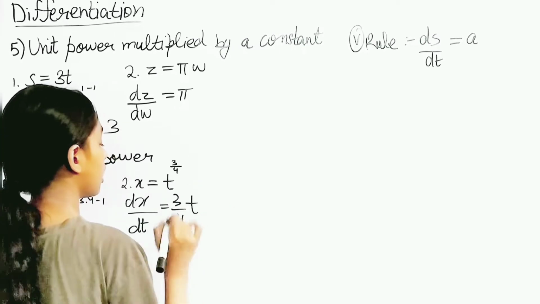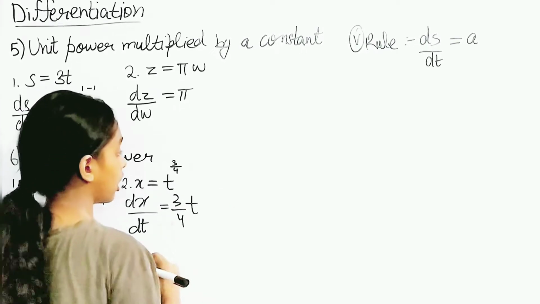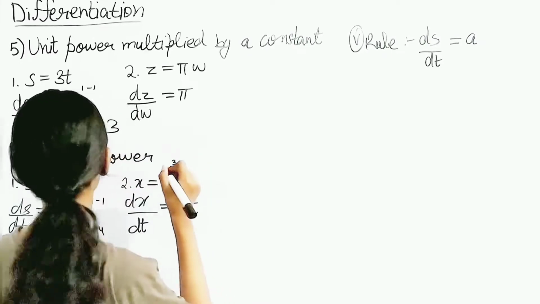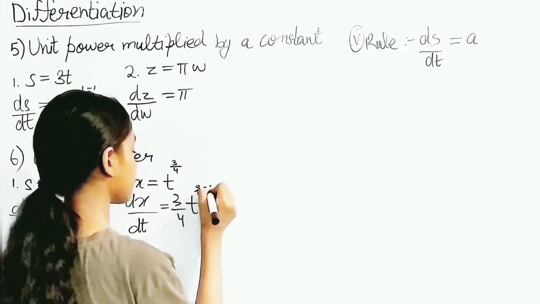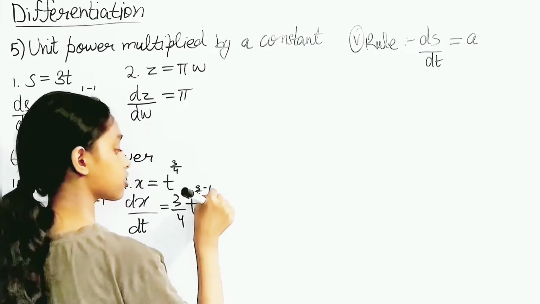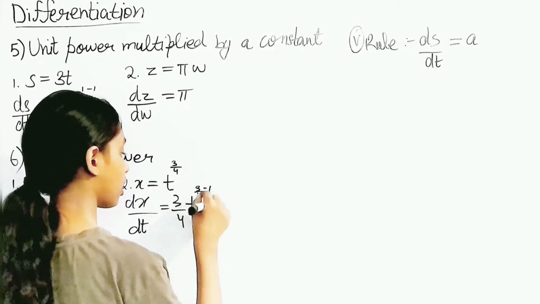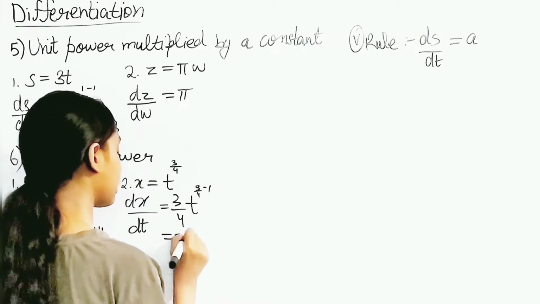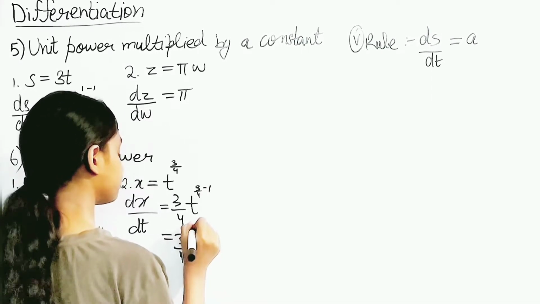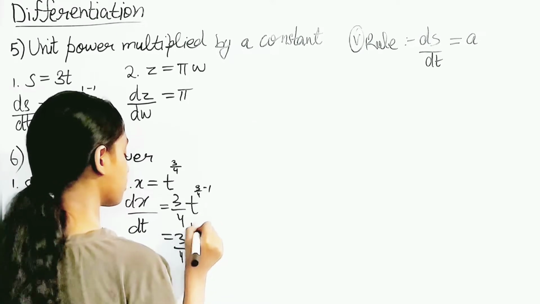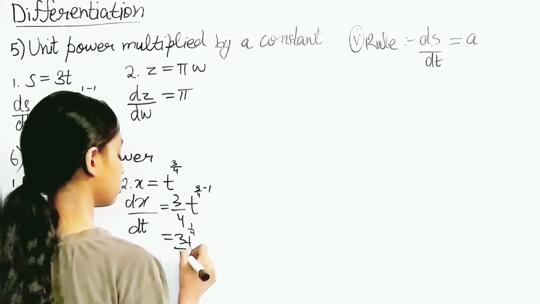3.4 into t to the power, okay, so it's going to be negative 3 by 4 negative 1. In the denominator, it's going to be 4, so it's going to be 3 by 4 t to the power 1 by 4, right?